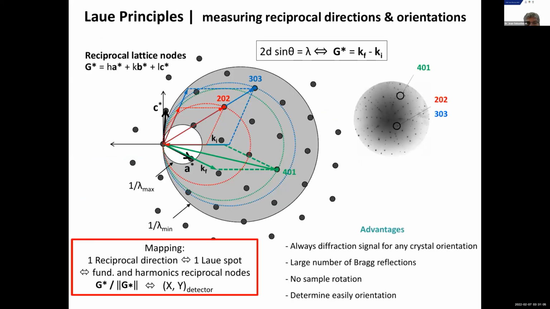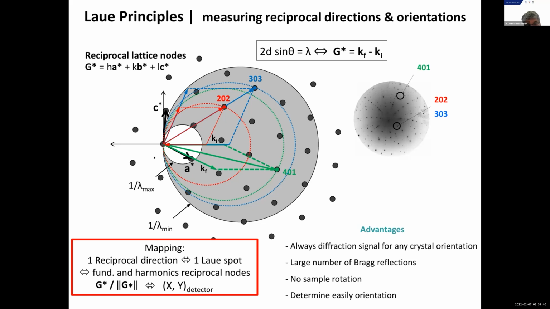Okay, now I'm going to show you that if you do a scattering experiment, you must know what a reciprocal space is. For any crystal, we can have an associated space, and every atomic plane can be represented by a node in reciprocal space. These are the black nodes that are represented there.